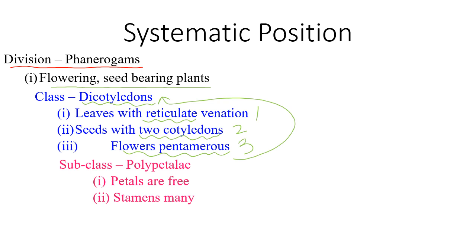Then subclass is polypetalae. Why is this polypetalae? Because petals are free and stamens are many in number.